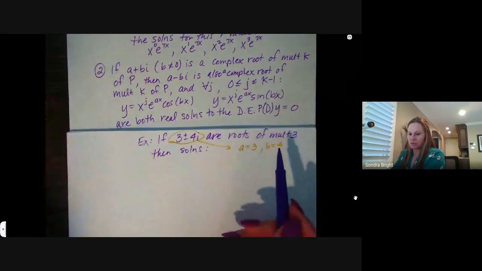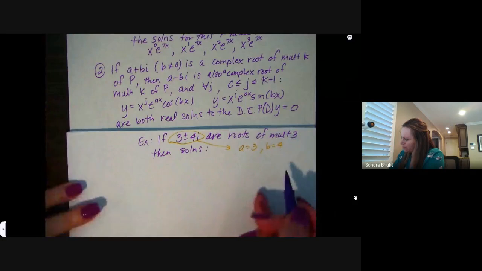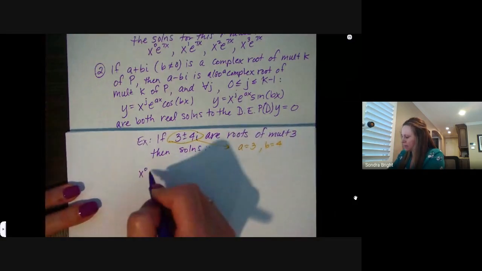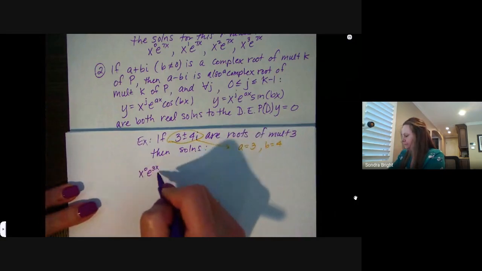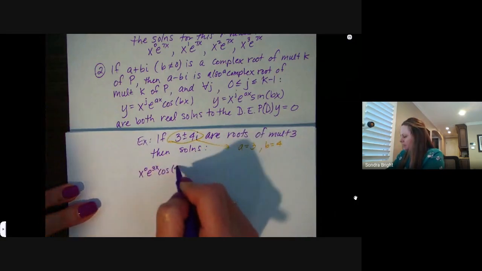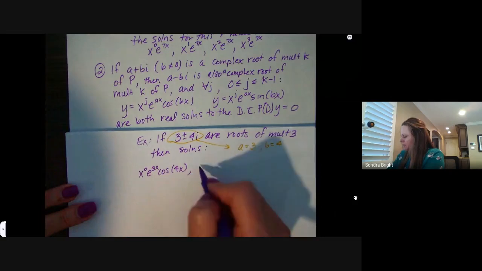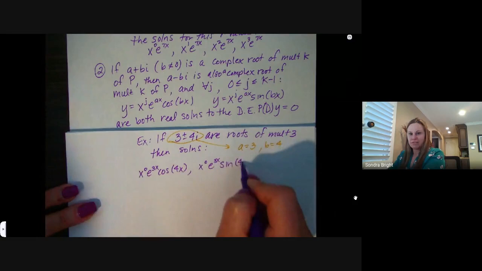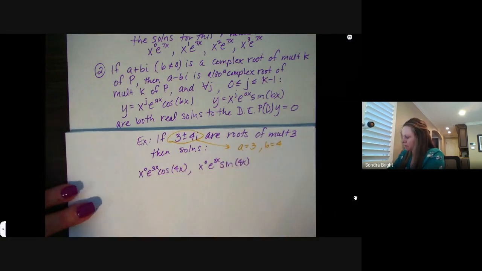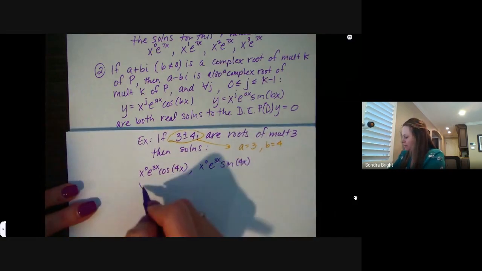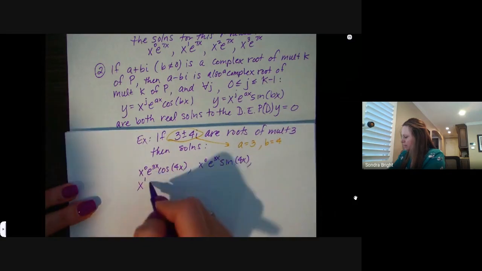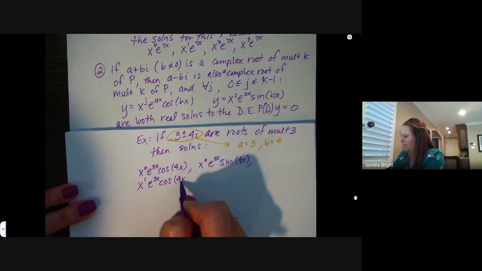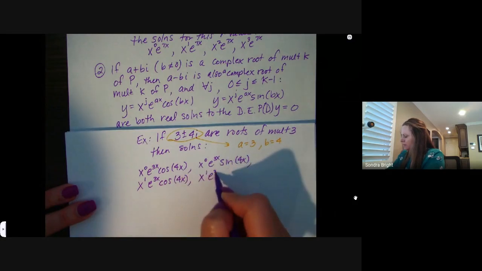So that means our solutions will be: you would have x to the 0, e to the 3x cosine of 4x. You would have x to the 0, e to the 3x sine of 4x. You would have x to the power of 1, e to the 3x cosine of 4x, x to the power of 1, e to the 3x sine of 4x.